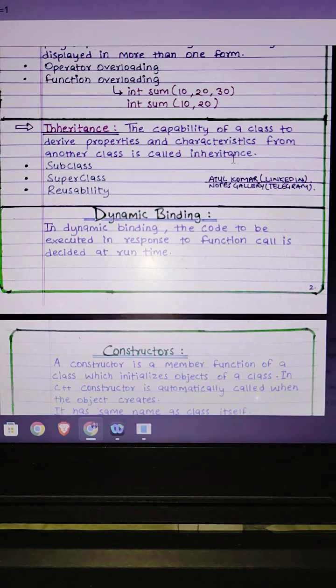This is the example of inheritance. Inheritance consists of subclass, superclass, and reusability. So this is the complete set of types of the OOPS concept.